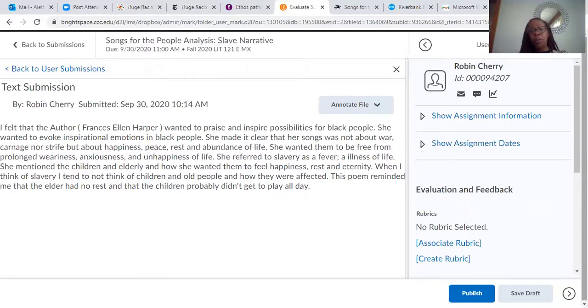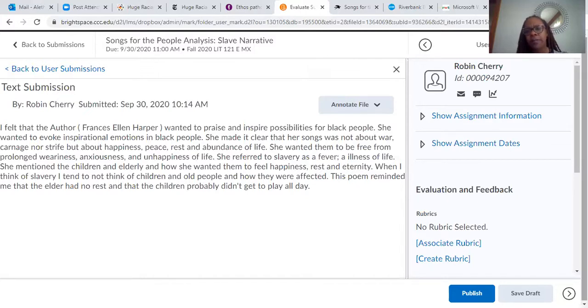This particular poem, and even what you pulled out of that reading, Robin, is the calling card of African American literature in general. The birth of African American literature with the early emergence of the slave narrative was to give hope, was to speak to triumphing over tribulations and hard times.